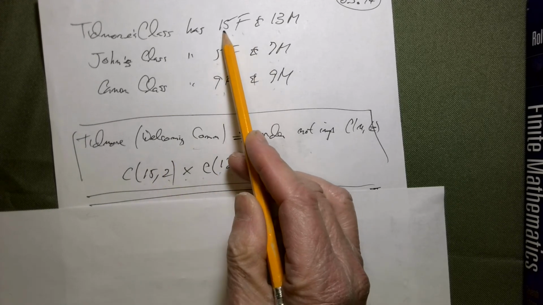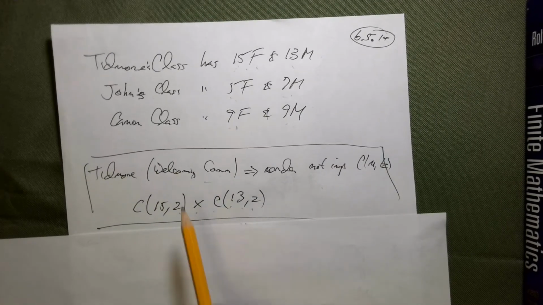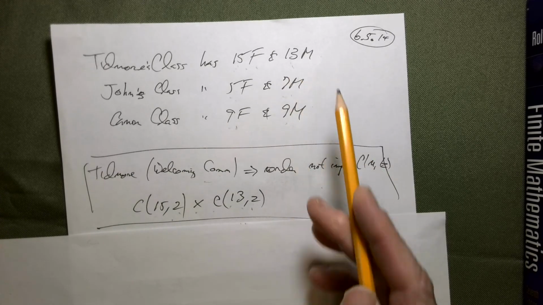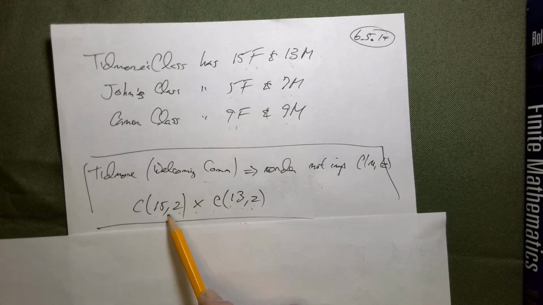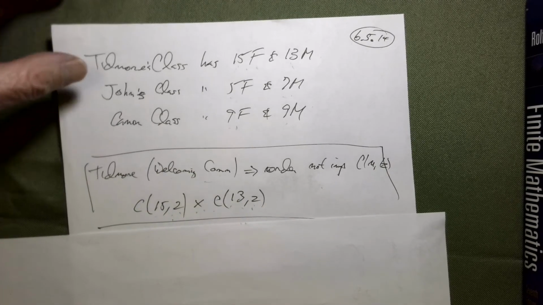So how many females do we have? We have 15, and we're choosing 2 out of them. We have 13 male, we're choosing 2 out of them. So I have to have 2 females and 2 males, which means multiplication.